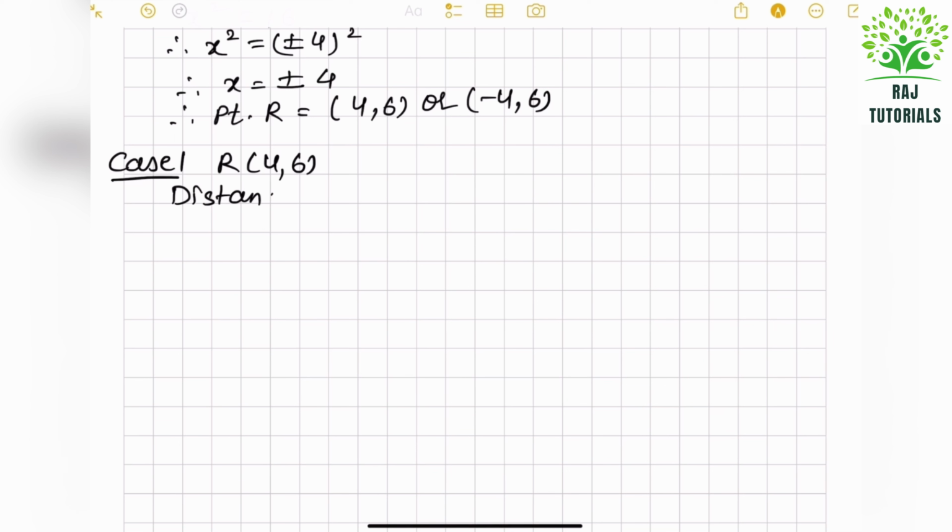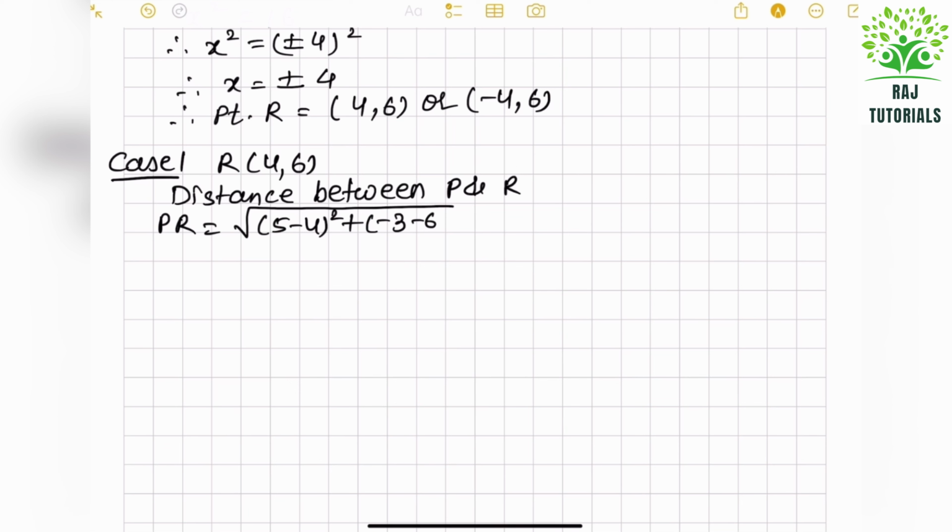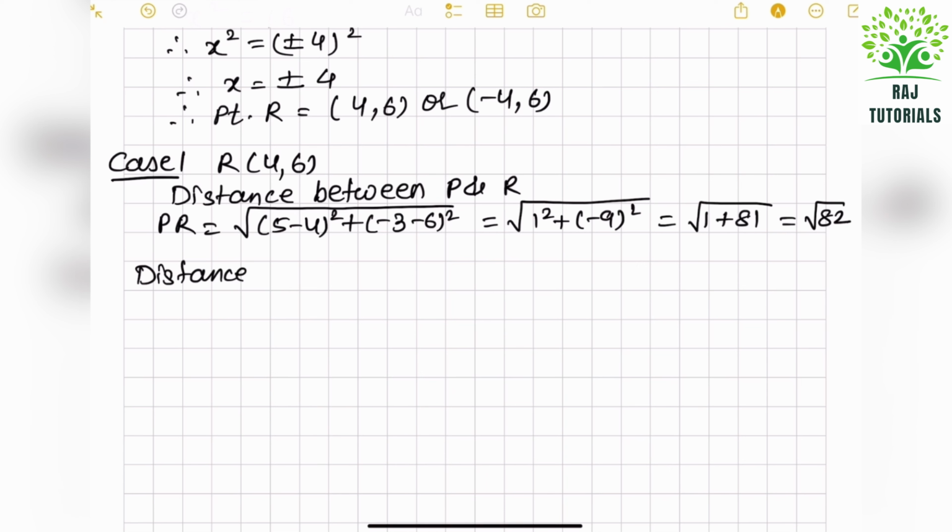So the distance between P and R will be PR equal to root of (5 minus 4) whole square plus (minus 3 minus 6) whole square, which is equal to 1 square plus minus 9 whole square. So 1 plus 81 whole under root. So root 82.